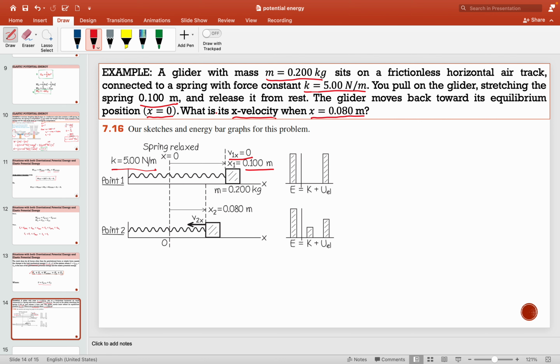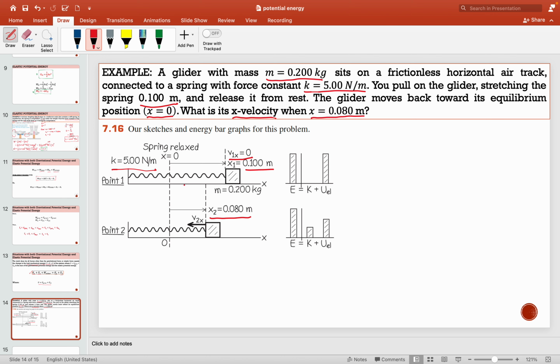After you release the glider, the glider moves back towards its equilibrium position. This is our point 2, or our second situation. The question here is, what is its velocity when x sub 2, or x, is equal to 0.080 meters?